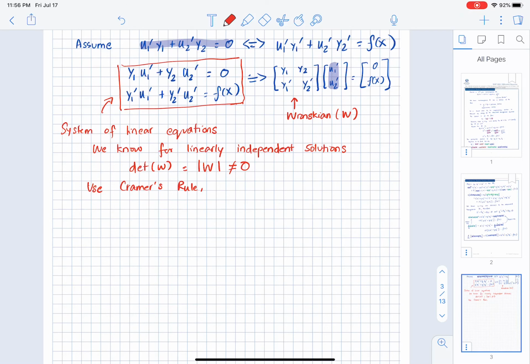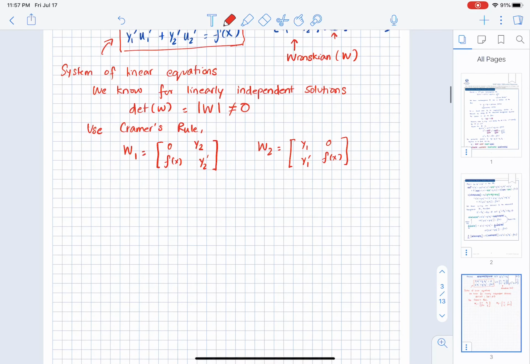If we want to find the solutions u1 prime and u2 prime, we've got to do two things. We take the right-hand side, 0 and f of x, and plug it into the first column. I would get the matrix W1. We take the right-hand side and plug it into the second column. I'll get that matrix.